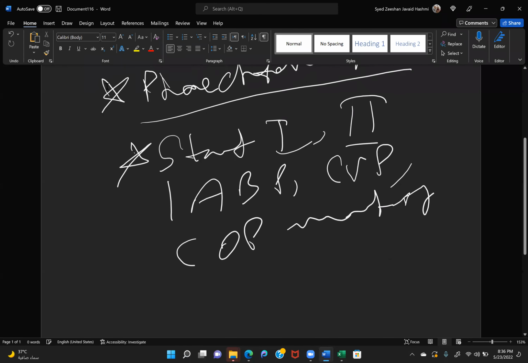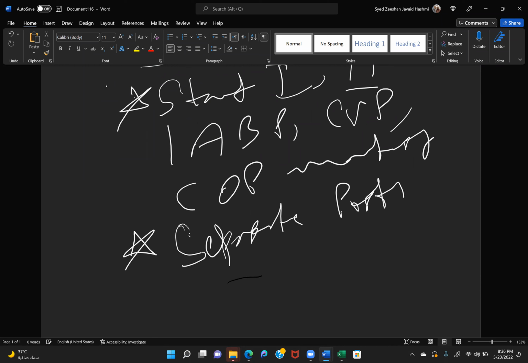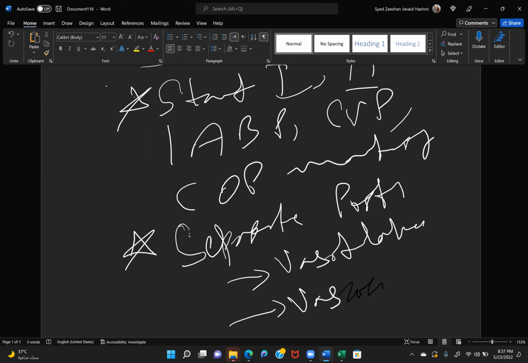Then you should have separate ports for both vasodilators and vasoconstrictors.